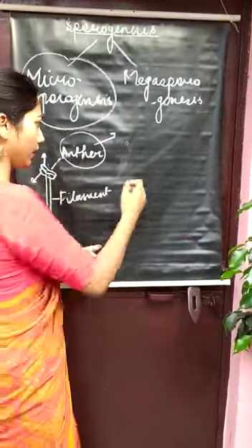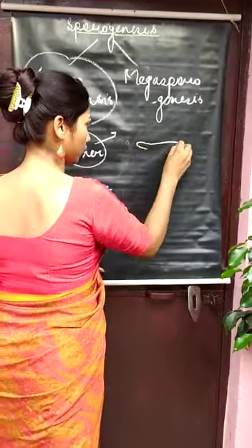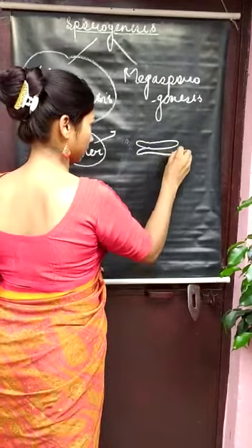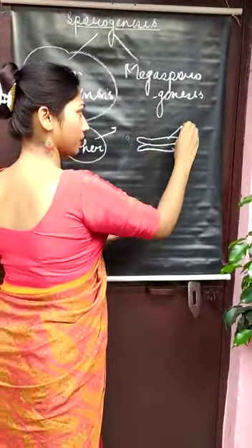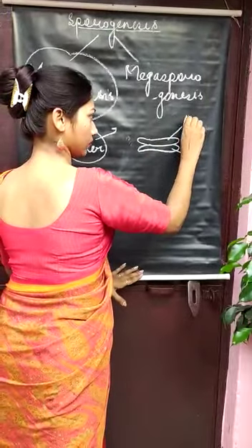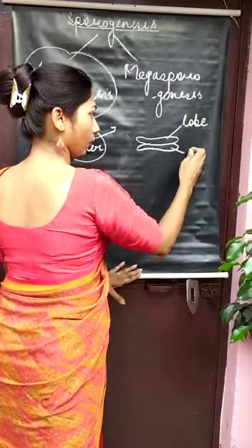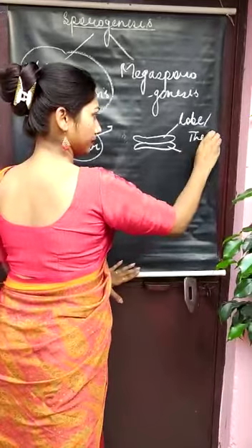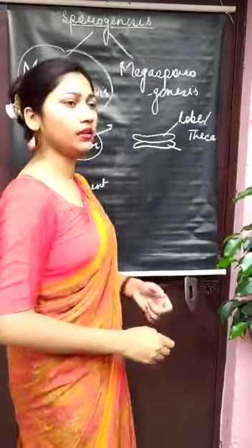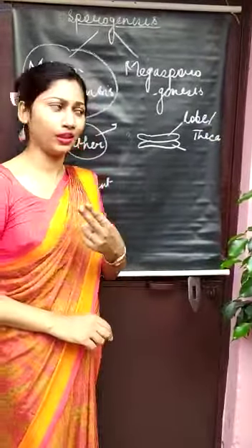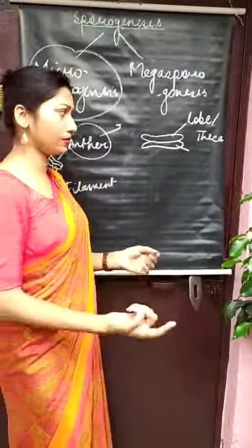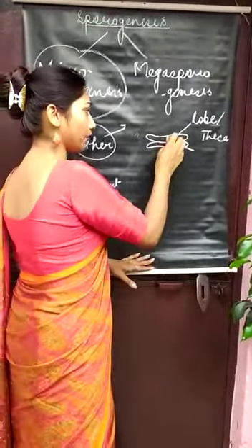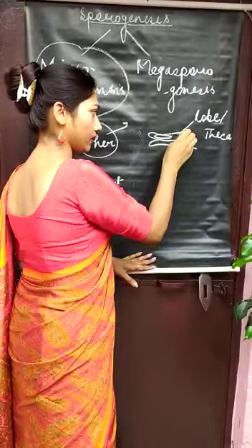If I draw the typical structure of the anther, here we find two thecas or two lobes. Typically, the anther contains two thecas, 1 and 2. Sometimes only one theca is also found. This theca is further divided into chambers.